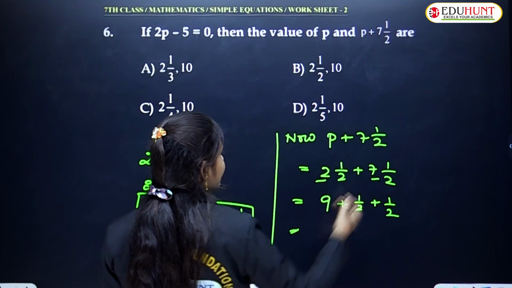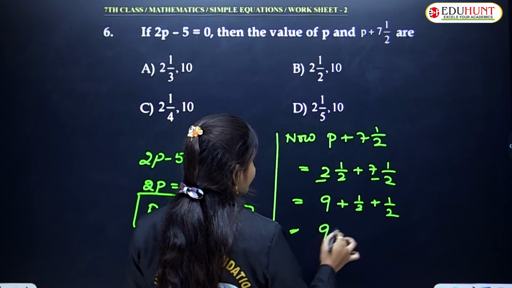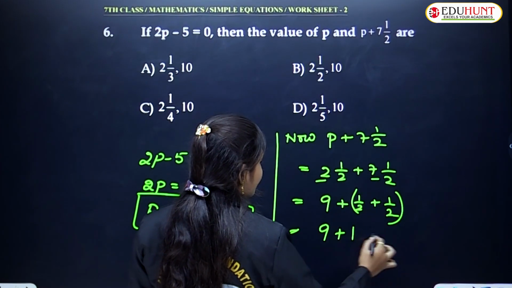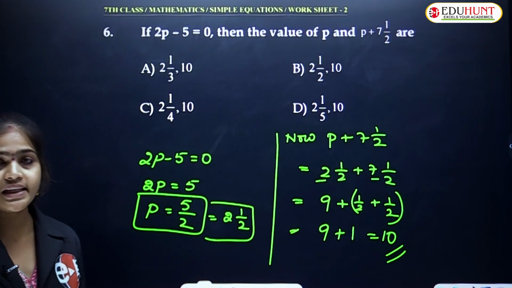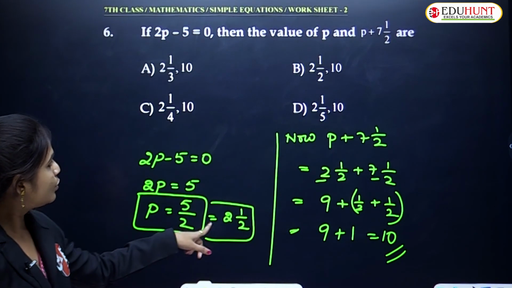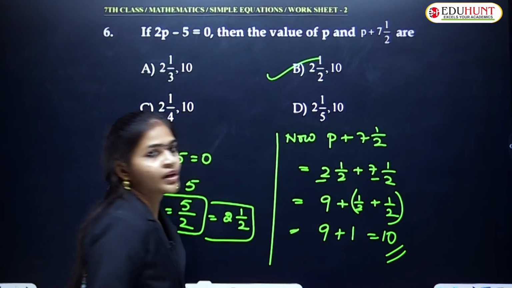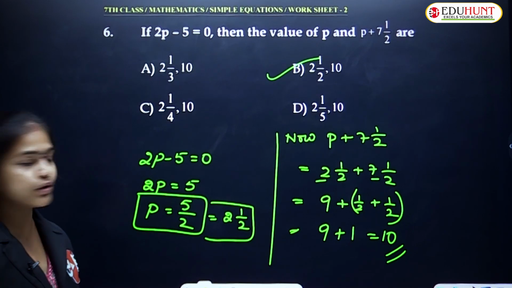First we have to add the integers, next we can add the fractions also. So 9 plus 1 by 2 plus 1 by 2, which is equal to 1. Finally here the answer is 10. So what options are satisfying now? 2 and 1 by 2 and 10. Which option is satisfying here? Option B is satisfying. Okay.